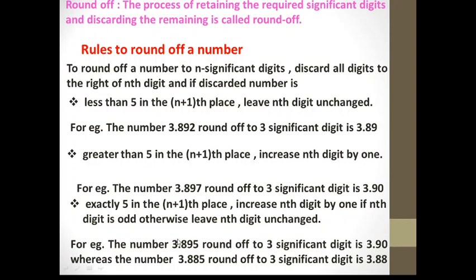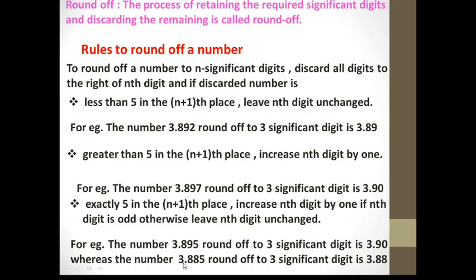For example, 3.895 will round off to 3.90 because here it is exactly 5, but before 5, the digit in the nth place is 9, which is odd. So it will increase by 1 and become 3.90. Similarly, if I take 3.885, before 5 I have 8, which is an even number.